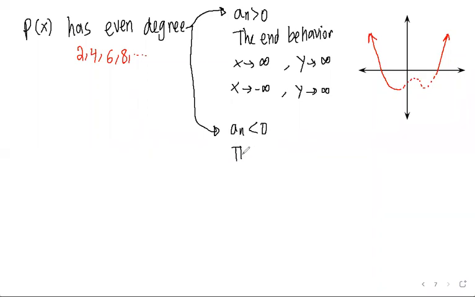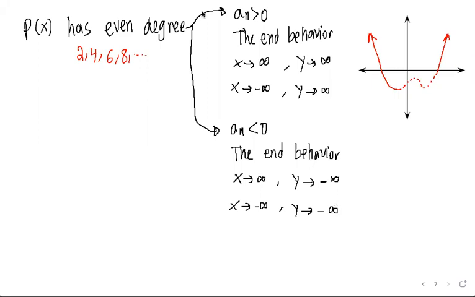So the end behavior when x goes to infinity and when x goes to minus infinity: when x goes to infinity, y goes to minus infinity, and when x goes to minus infinity, y goes to minus infinity. How is the graph? It looks something like this.